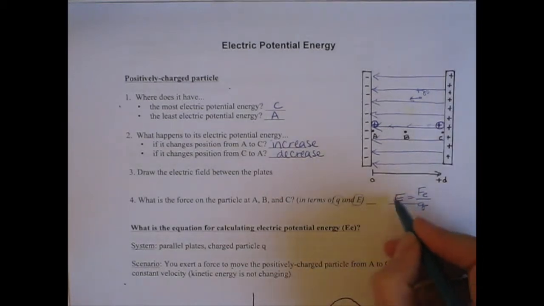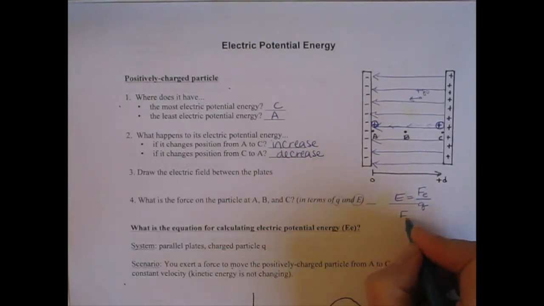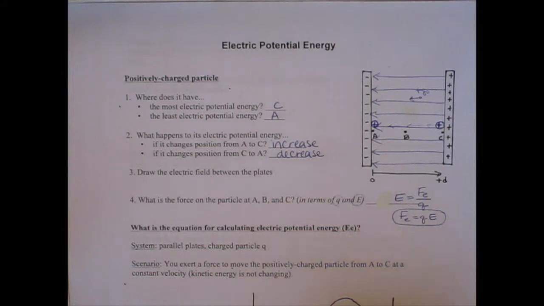And it can be really useful to rearrange this because you can use this to find the force on a charged particle in an electric field. So the force on a charged particle in an electric field is the charge of the particle times the electric field.